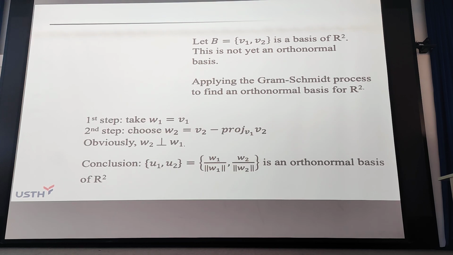The first step, we take W1 to be V1. We keep that one. Then the second step, we need to choose W2 to be V2 minus the projection of V2 onto V1. Then, by that, we get W2 orthogonal to W1.